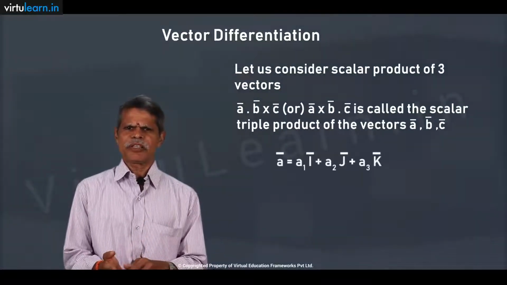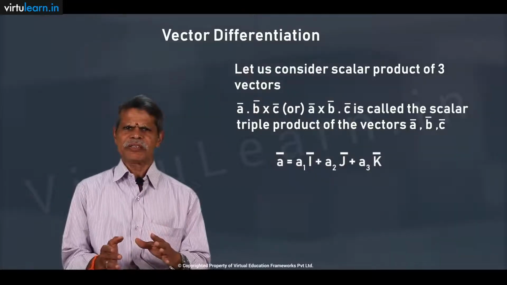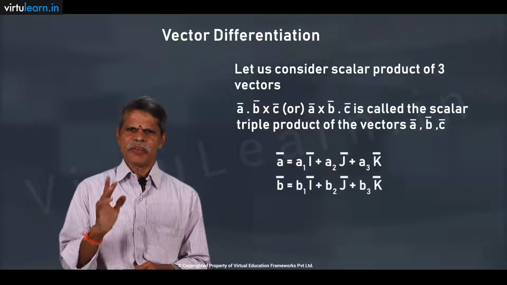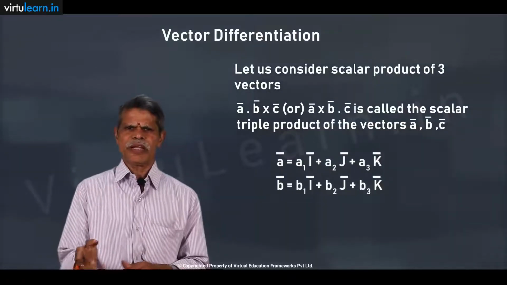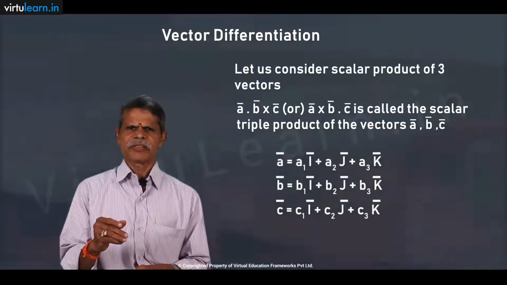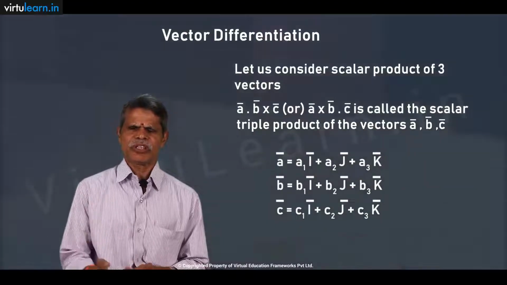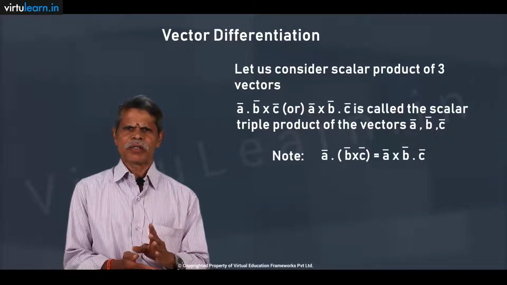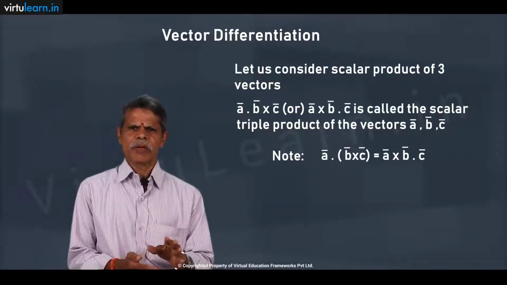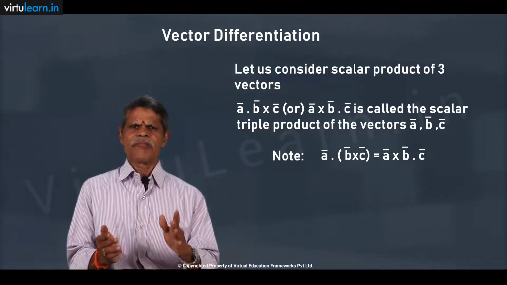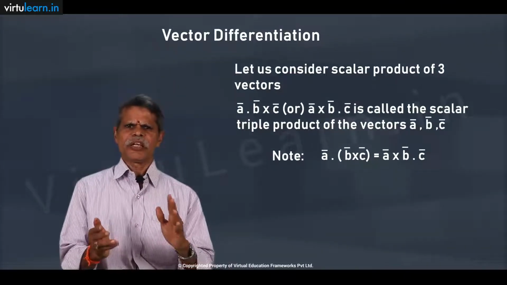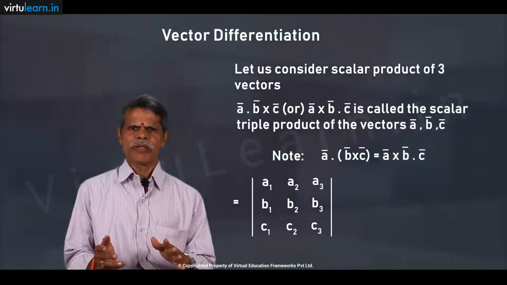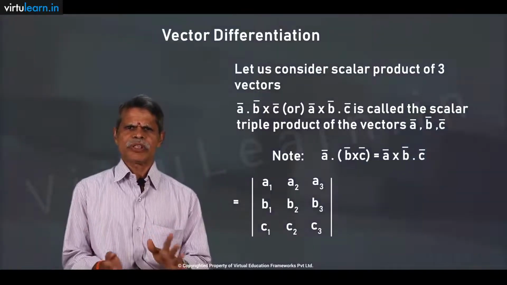We see the expression for the scalar triple product once the components of the vectors are known. Let A bar be represented by A1 i bar plus A2 j bar plus A3 k bar, B bar as B1 i bar plus B2 j bar plus B3 k bar, C bar as C1 i bar plus C2 j bar plus C3 k bar. Then the scalar triple product A bar dot B bar cross C bar is given by the value of the determinant with elements row-wise A1 A2 A3, B1 B2 B3, C1 C2 C3.